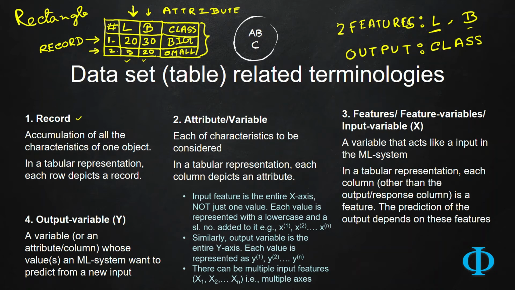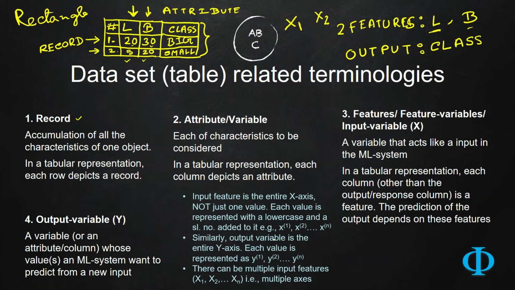For example, let's say X is an input feature, then it can be written as X1. Then this entire column B is also an input feature, so that can be your X2. Do not think that each of these records, like 20 or 30, these numbers, are your input feature. No. The input feature is the entire column.